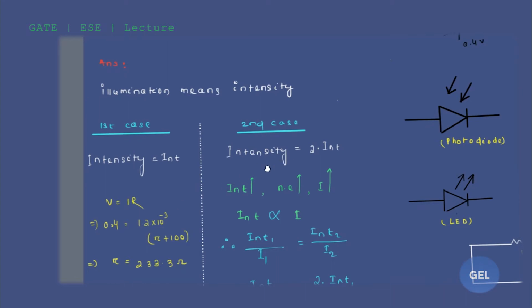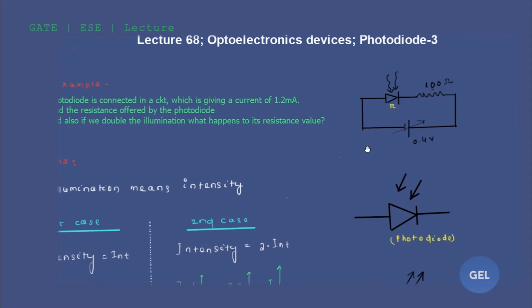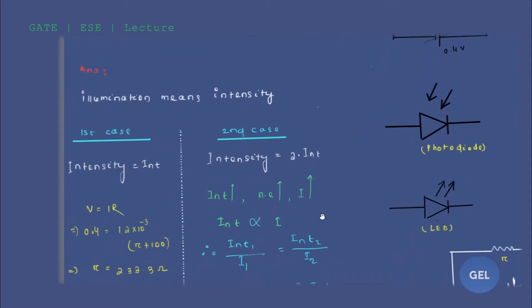Also, here intensity became 2 into INT from the normal INT. What happened here? Intensity increases, due to which your charge density is also increased. That means your charge per unit volume increased. Where does this increase? In the depletion layer of the photodiode.